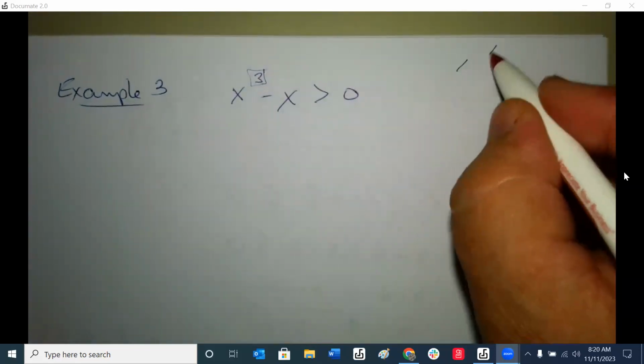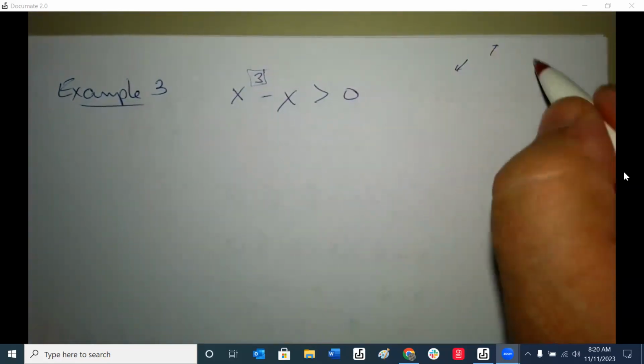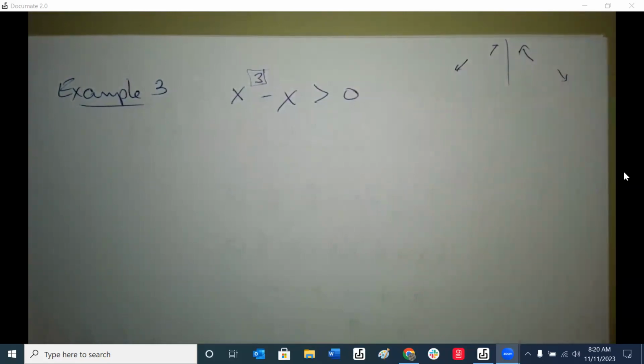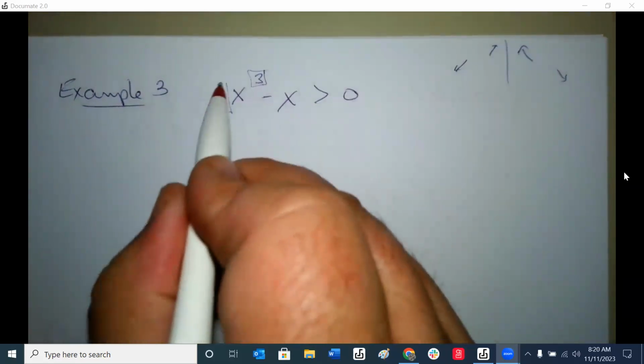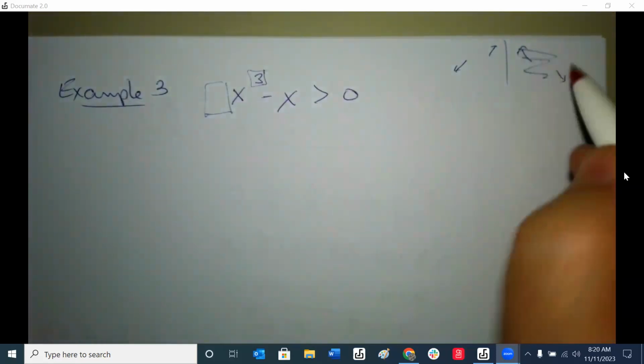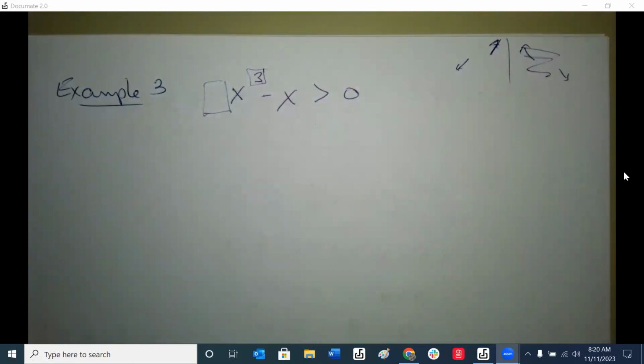So that means the end behavior goes in opposite directions, either down here, up there, or the other way. Since the leading coefficient is positive, we know that the right-hand side goes up. It's a positive increasing function. So the graph is going to look like this.